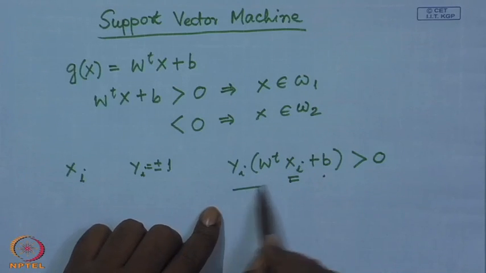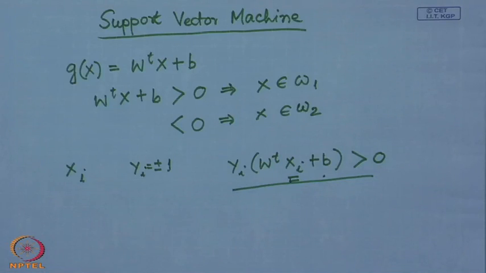And this is a concept that we actually used when we discussed the perceptron criteria, or designing the linear classifier. That is, for every feature vector belonging to class omega 2, we negated the feature vector before we tried to design the classifier.